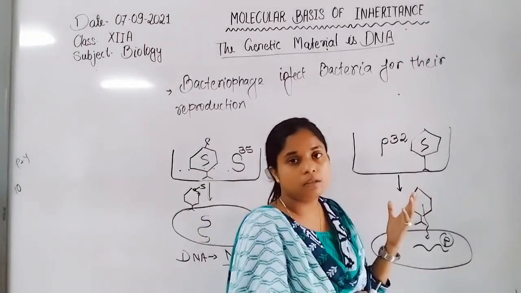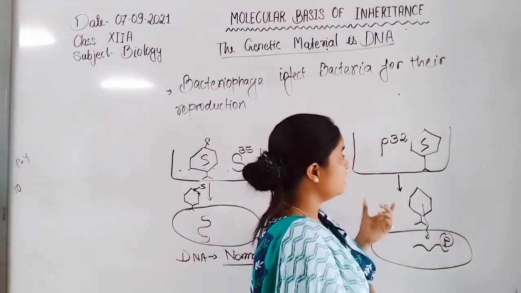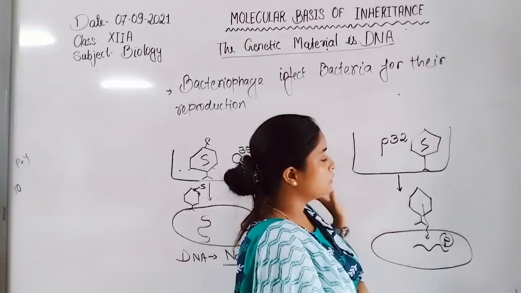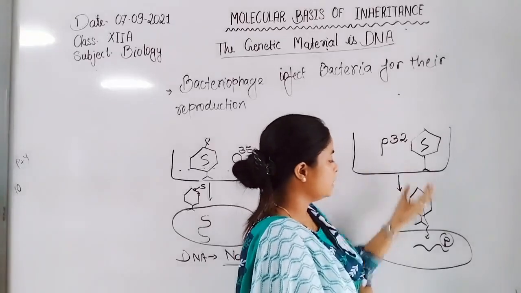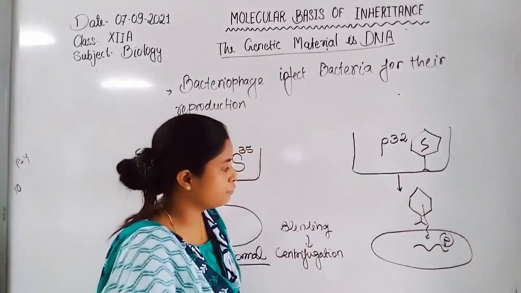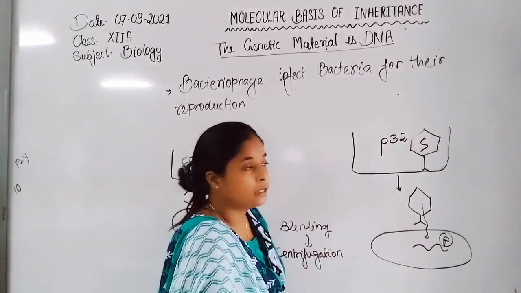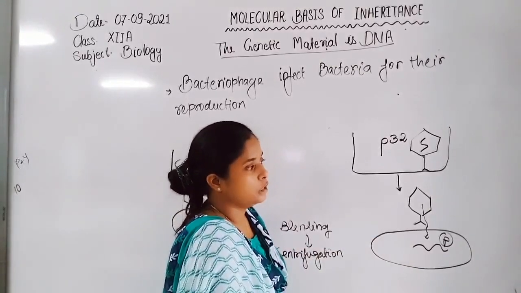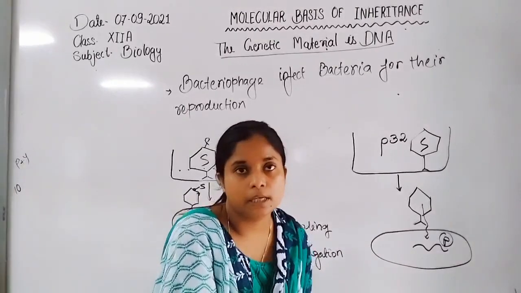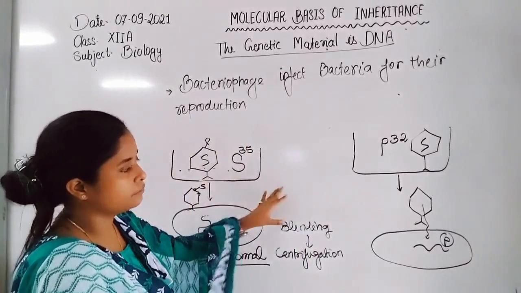Then what is the result of the second experiment? When he did the second experiment, they observed that after the infection and centrifugation, they obtained radioactive DNA, but not protein, because radioactive phosphate is present. If protein were transmitted, the protein would be radioactive.